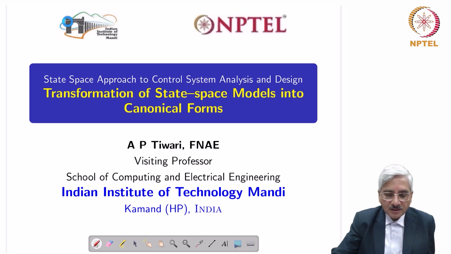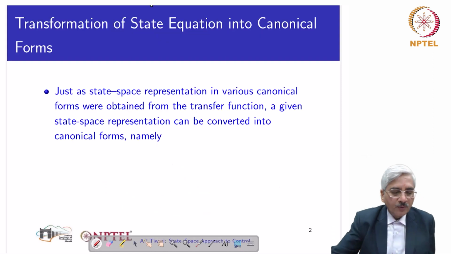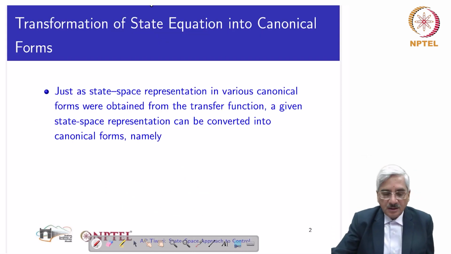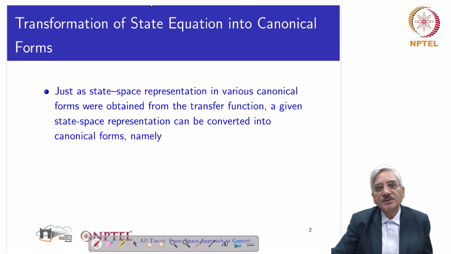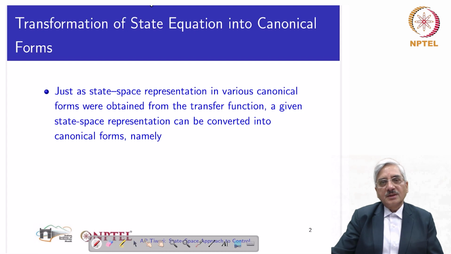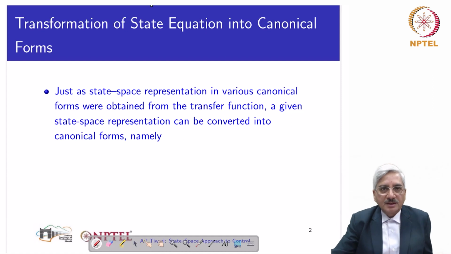In one of the last lectures, we have seen that when we convert these transfer functions to state space models, we can get the state space model into different canonical forms like the diagonal form, the Jordan form, and the first companion form, second companion form.